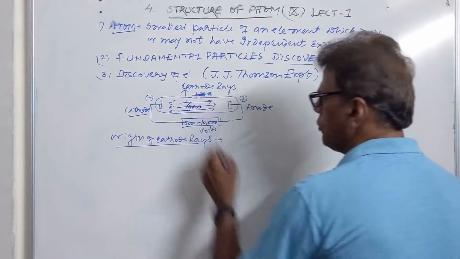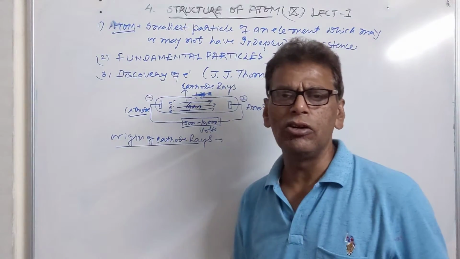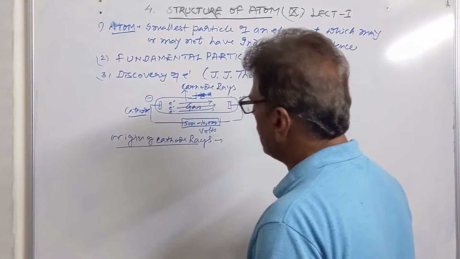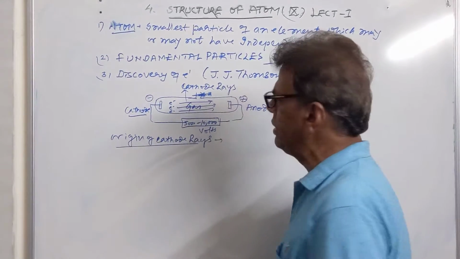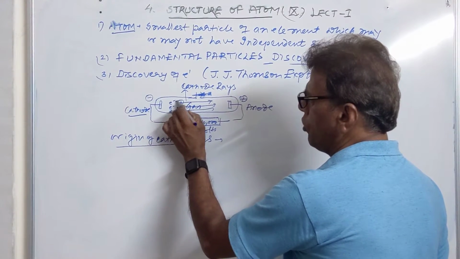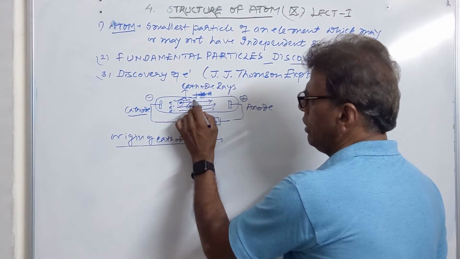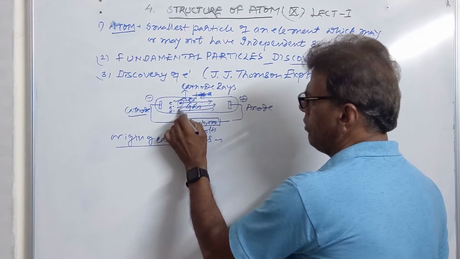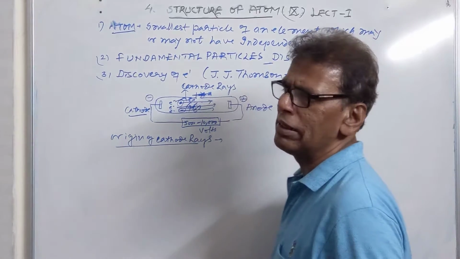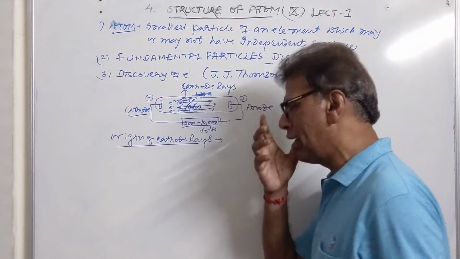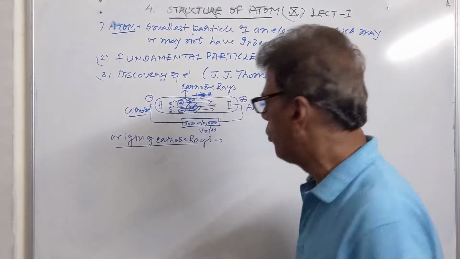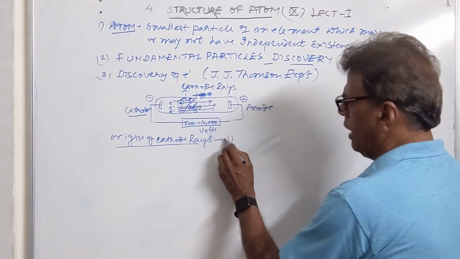When electric discharge is passed through the gas taken in the discharge tube, the metal electrode called cathode loses some electrons. These electrons strike against the neutral gaseous atoms and remove more electrons from their valence shell. Later on, the number of electrons became very large, and they started moving towards the positive plate, that is anode. The stream of these negatively charged particles was named cathode rays, and they were made of electrons.